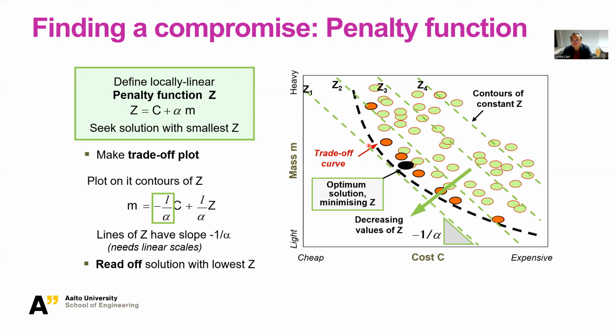The easiest way, I already mentioned a little bit in the last slides. If you still remember the bike example, you have cost and mass. You say, I have a budget limit, a certain amount of money right here, and then within this budget I choose the lightest one.